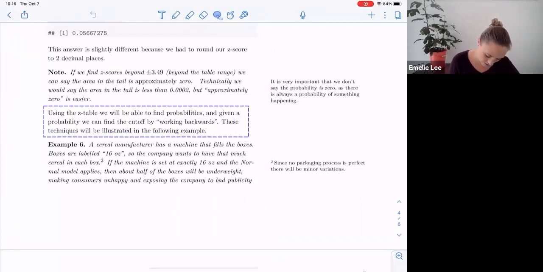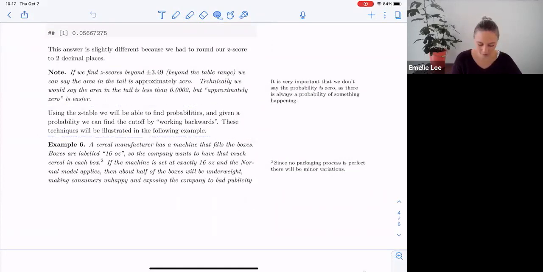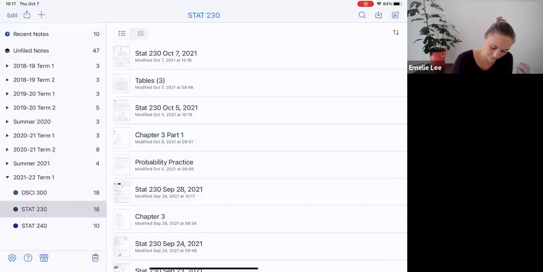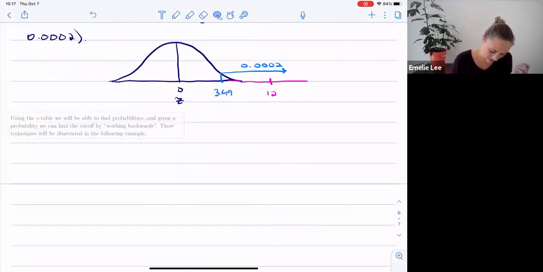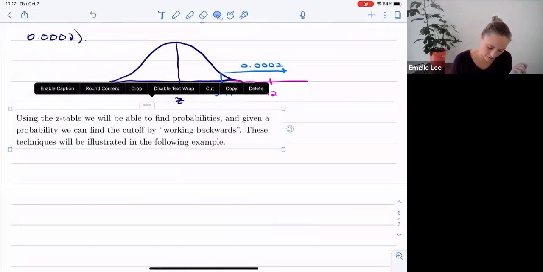What's another thing that we could do? We could have probabilities, so we could dictate the probabilities that we want, and then work backwards to find the cutoff. Okay. It looks like I'm not going to have time to work through the example, but I'll save that for tomorrow.